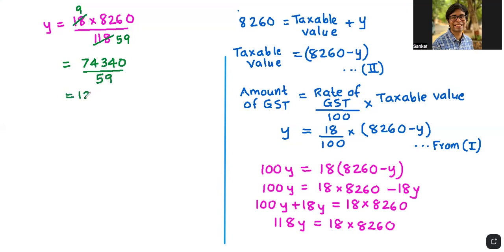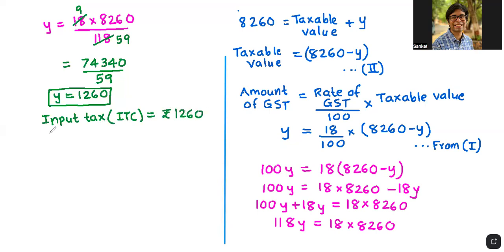I get 1260. So my Y is 1260, which means my input tax or ITC is rupees 1260.